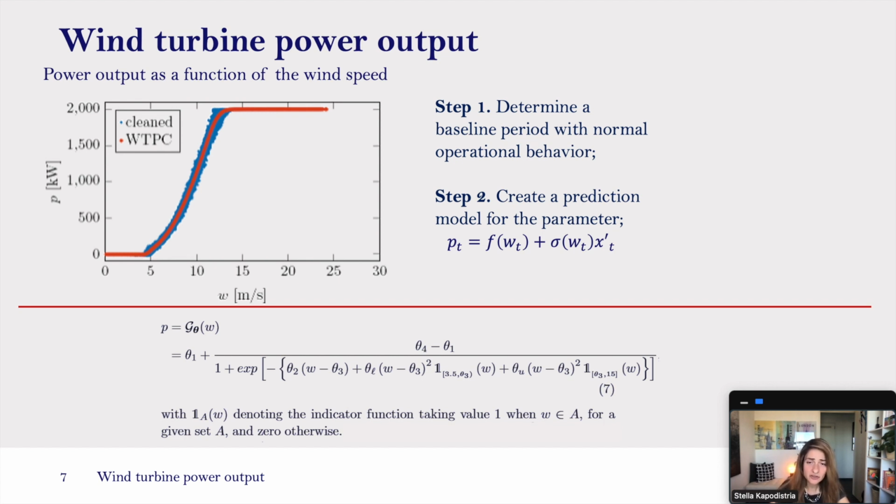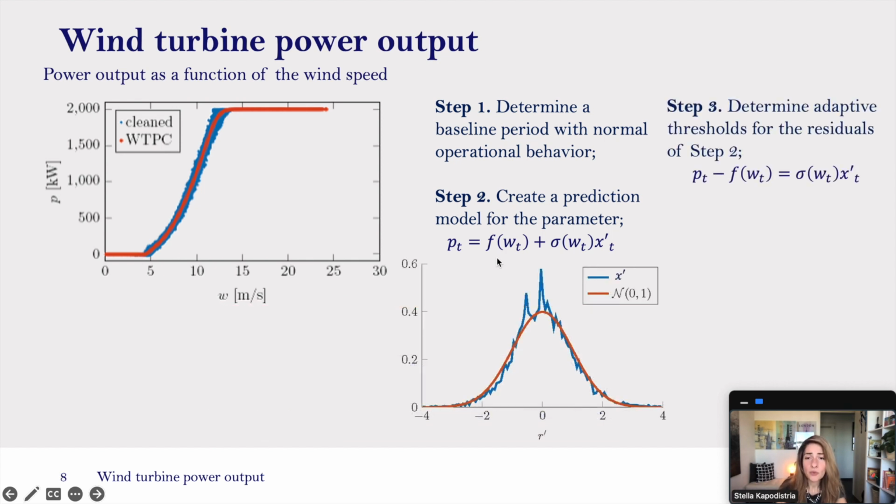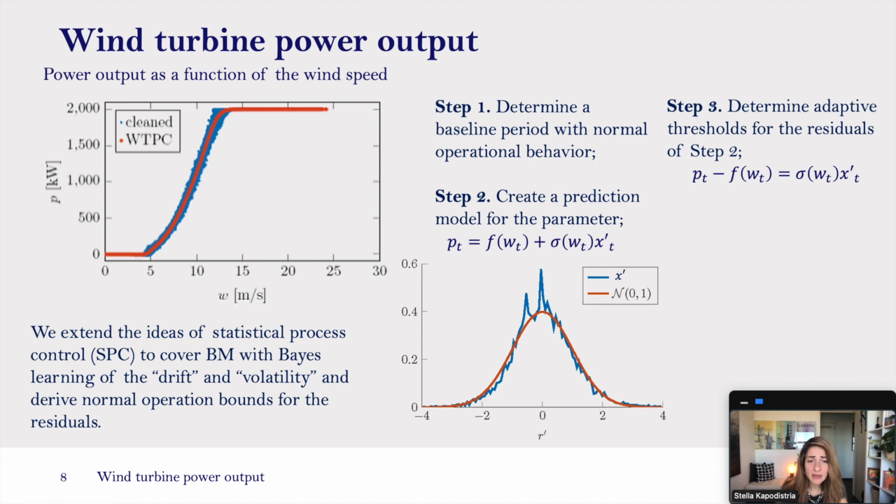But there was one essential element we wanted to achieve: we wanted the residuals to be normally distributed. The reason is that once we have such residuals, and the logistic model has this pattern, we can compute the difference between the actual power output minus our prediction.